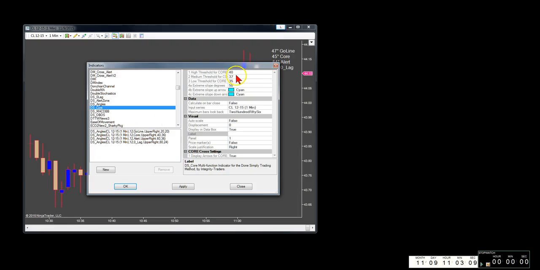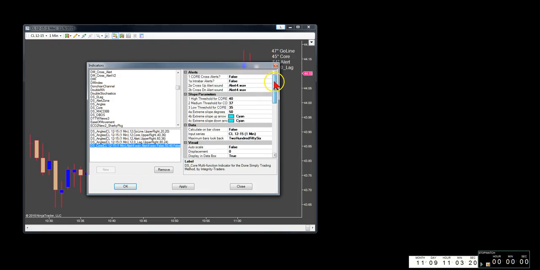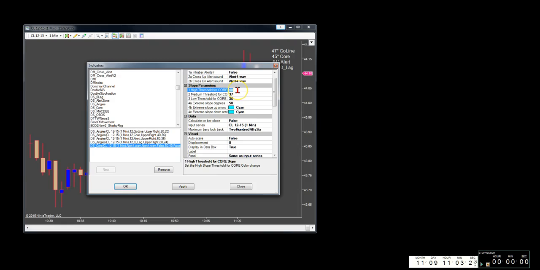So you want to pick the core, DS core. And actually, I can see that these settings are for the range bar. We can do one of two things. We can change the chart to a range, or we can change the angles to the minute. So we're in the minute. Let's change the angles.